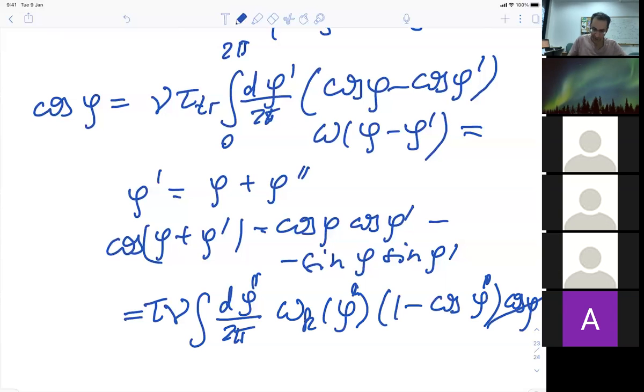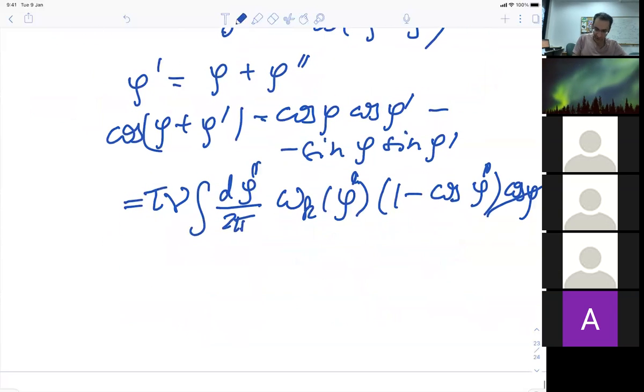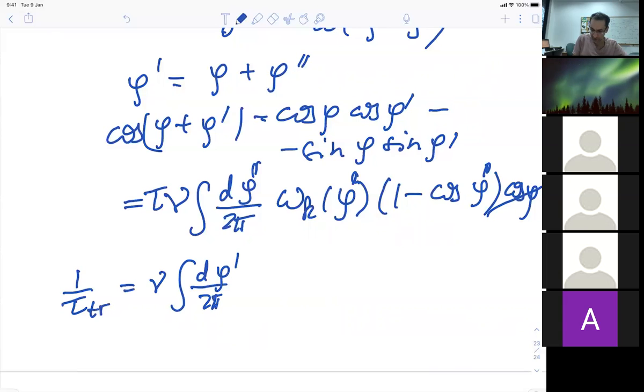So cosine phi is cancelled, and I'm getting that 1 over tau transport is equal to nu times the integral over d phi over 2 pi of w_k of phi times one minus cosine phi.